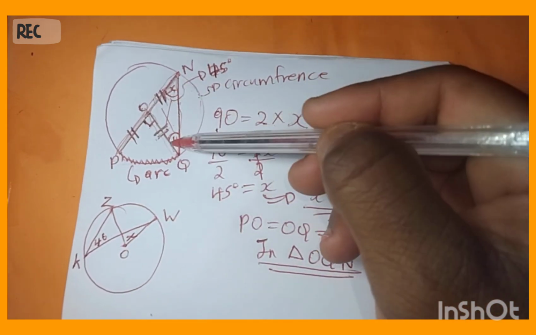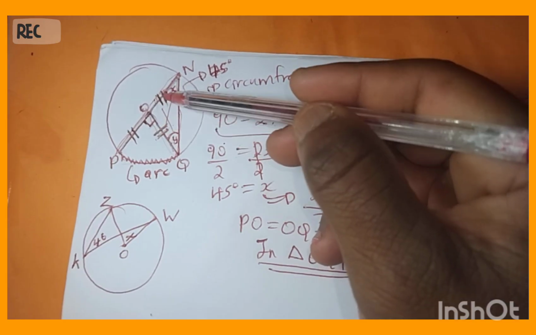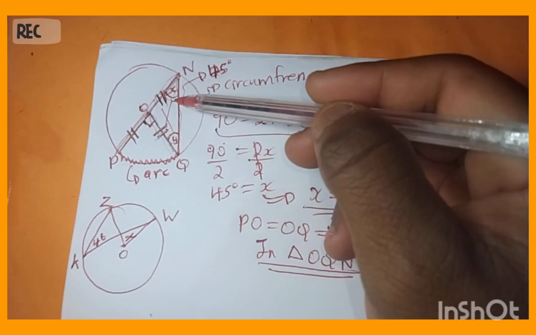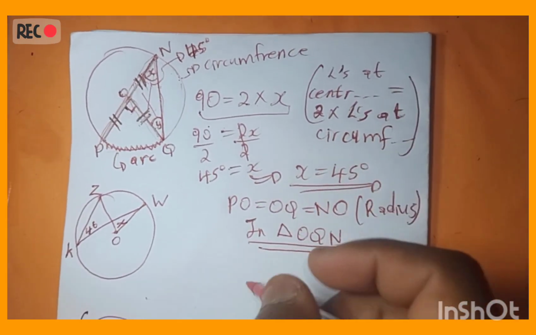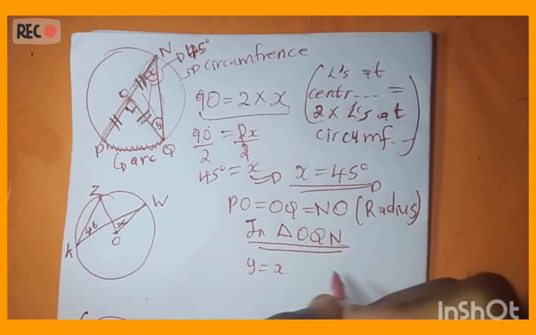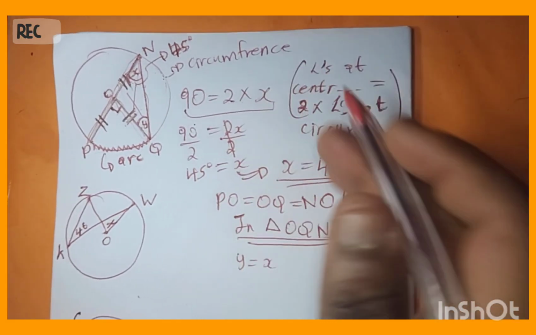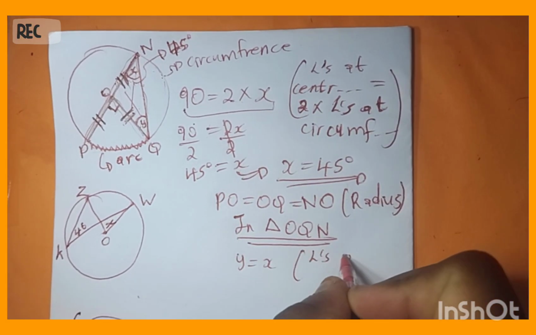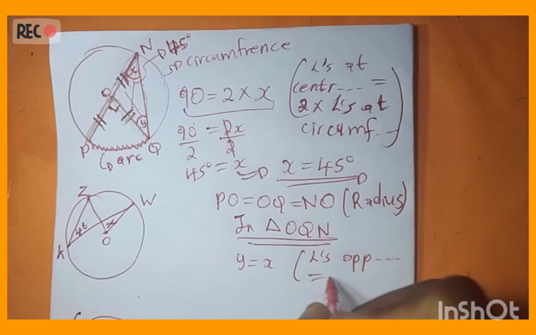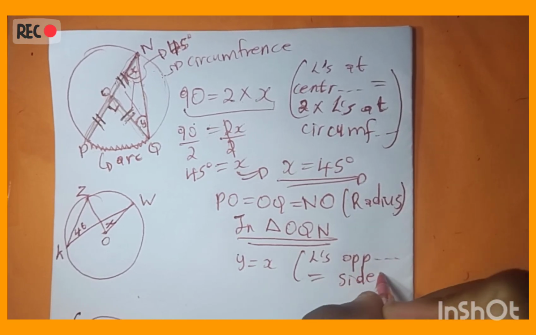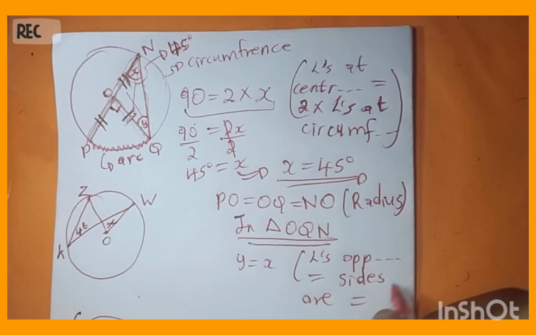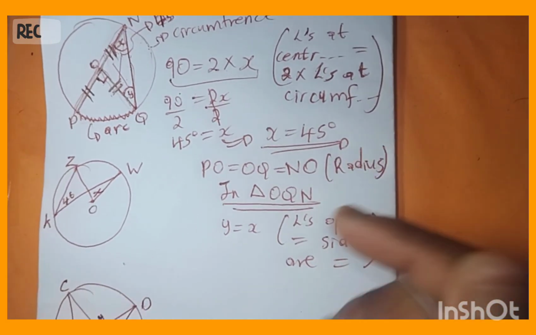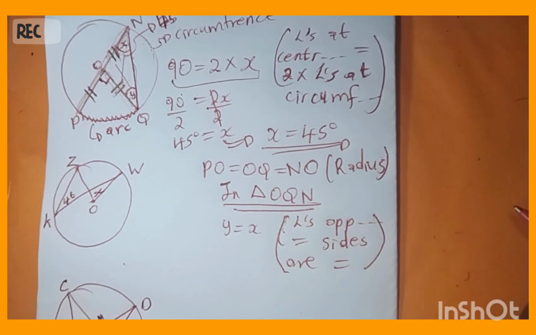Do you see these 2 angles? They are opposite the equal sides, so those 2 angles are equal, meaning y is equal to x. The reason is that angles opposite equal sides are equal.